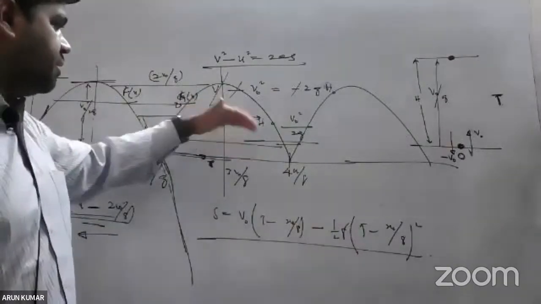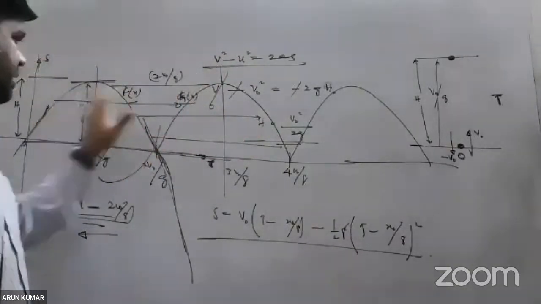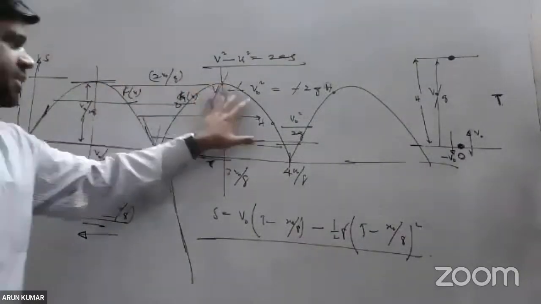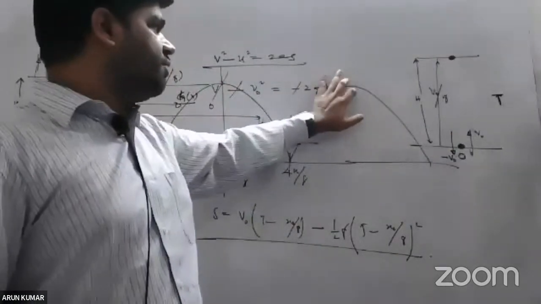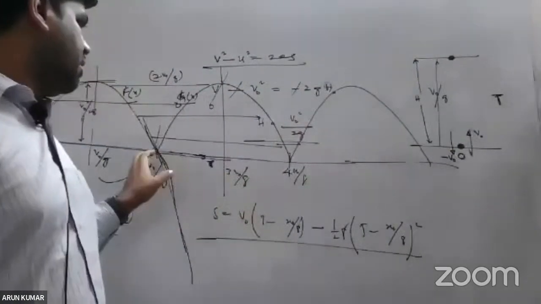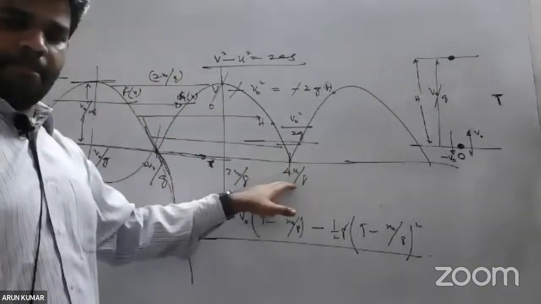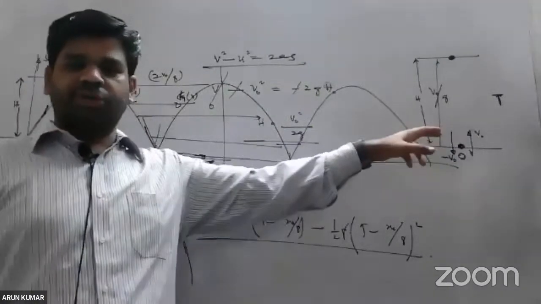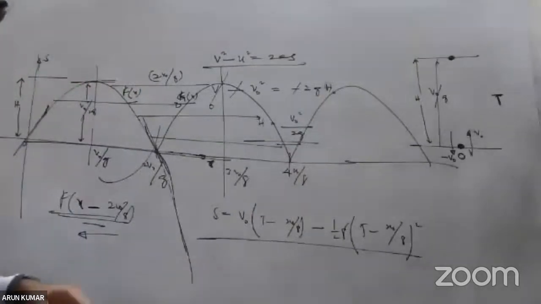That height could be anything. This is better. Translating the graph is better. So f of x, I know. f of x minus a is this graph. f of x minus b is this graph. What will this graph be? f of x minus 4v naught by g. Yes, sir. What will the next graph be? Minus 6v naught by g and so on. Yes, sir. All right.